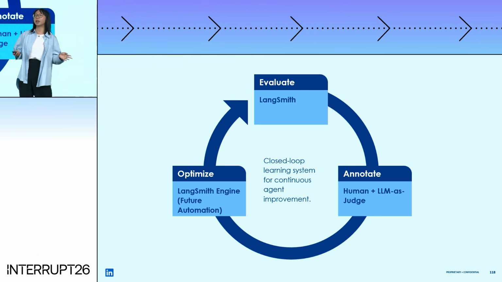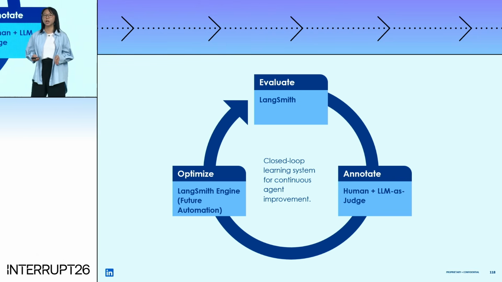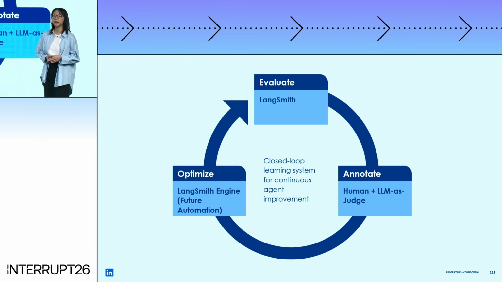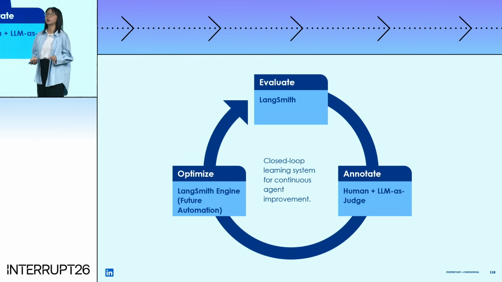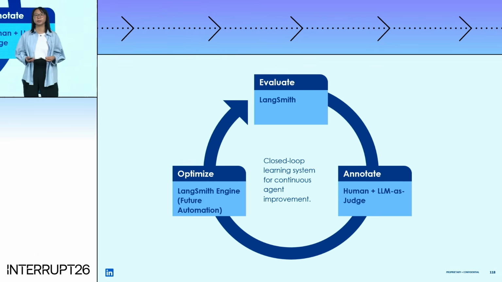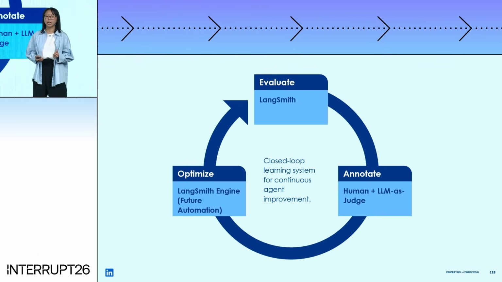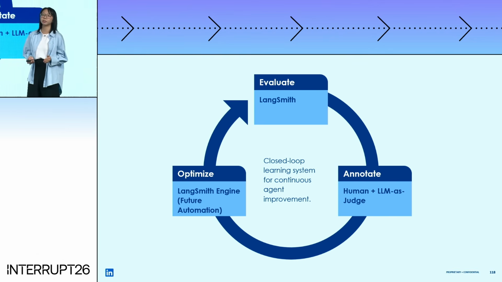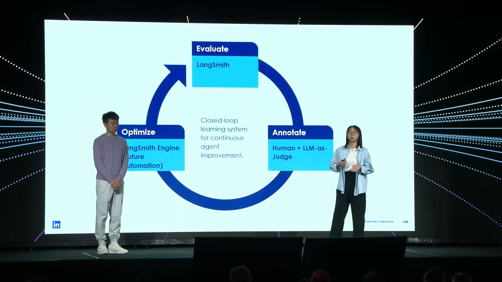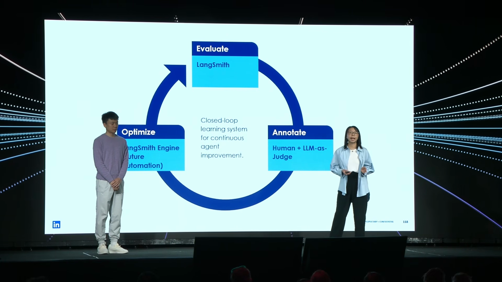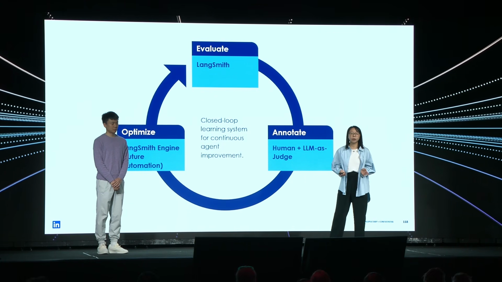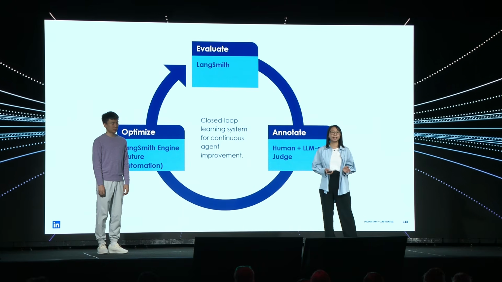However, due to our linking policy, we're not able to send everything to LangSmith yet for our production data. So we built something similar, mirroring what LangSmith does. And together, we send that data into our human annotation and also LLM-as-judge, which will capture any nuances that the model might miss. And our final step is to optimize.